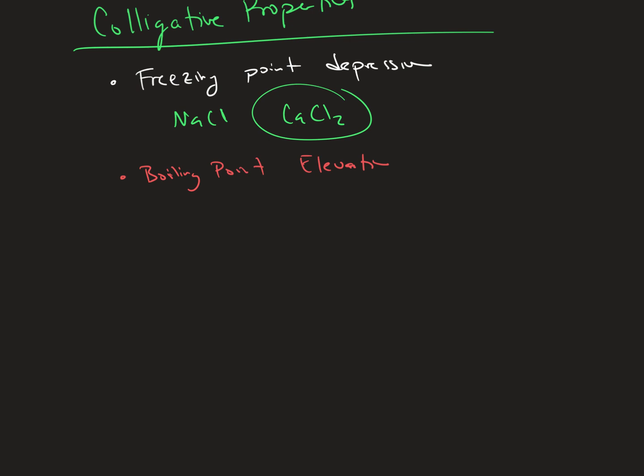Okay, the next one is vapor pressure depression. So it just lowers the vapor pressure. So what does that allow? The gas just to come out, right? So is there a pressure where water would still be liquid above 100 degrees Celsius, if you had a lot of water?